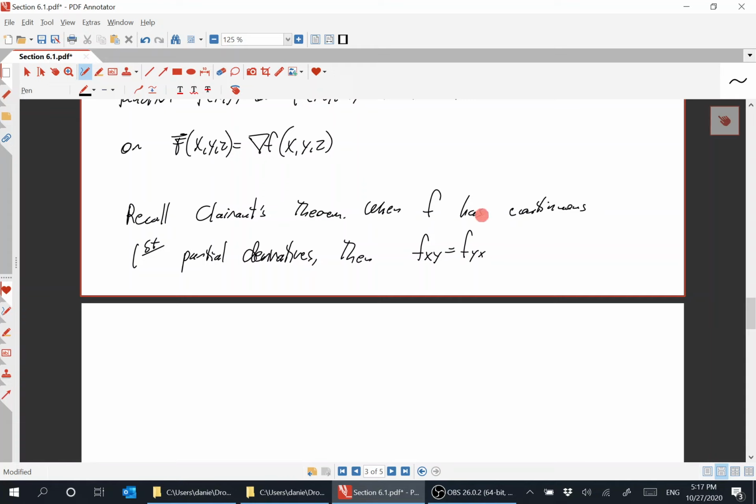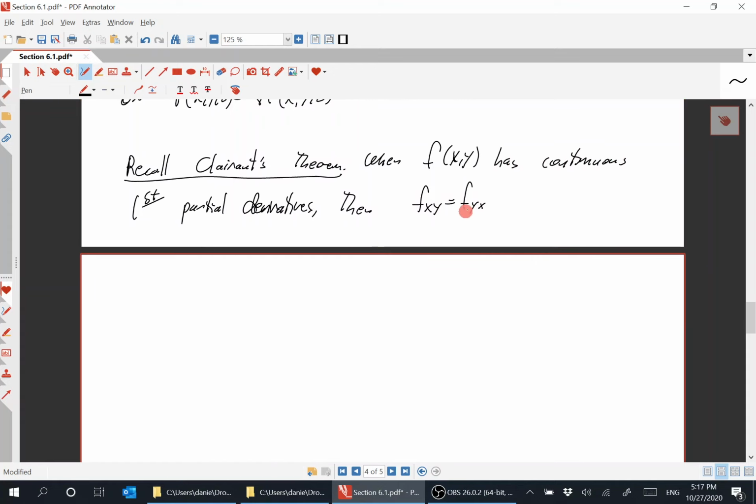Right, so that's for a 2-variable function. As continuous first partial derivatives, then fxy equals fyx.